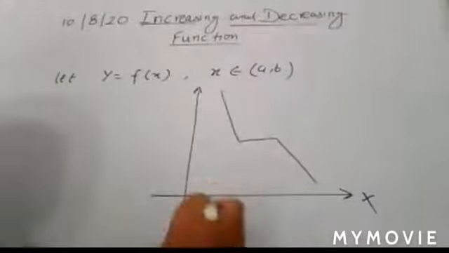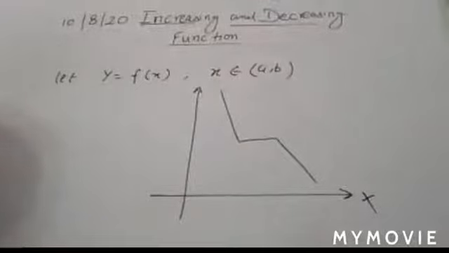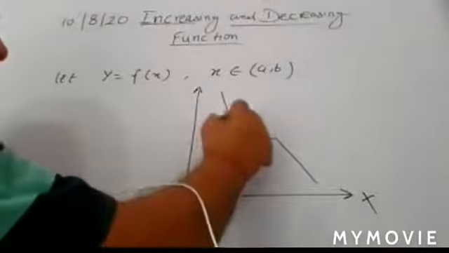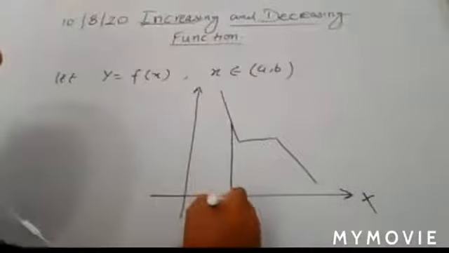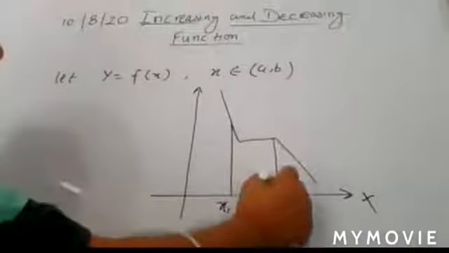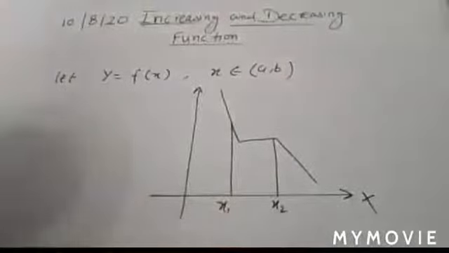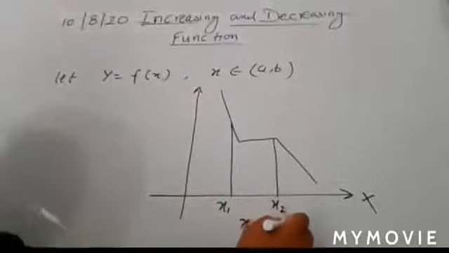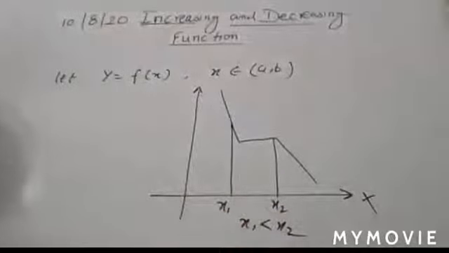Suppose the function is defined in between any domain A and B, and here you take any 2 points, x1 and x2. In case of decreasing function, x1 is less than x2, as shown in this figure.